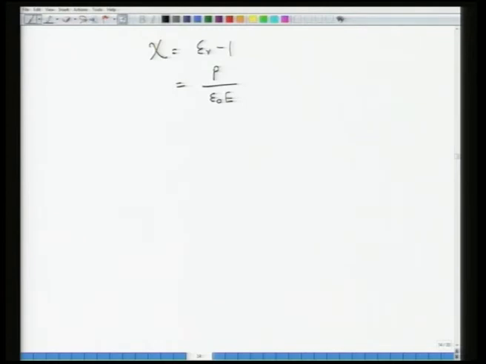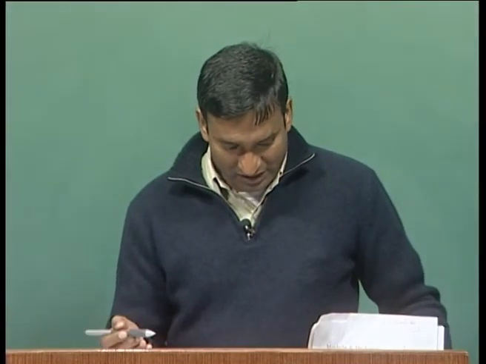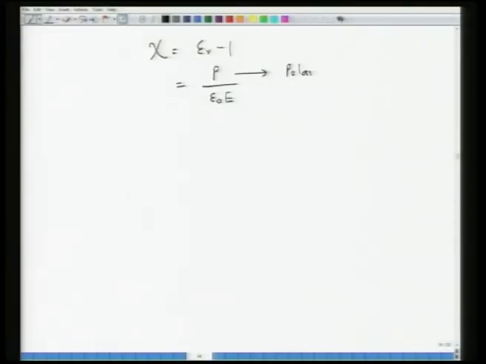It is nothing but a ratio of the polarized charge, or the excess charge, divided by the surface charge in a vacuum capacitor.